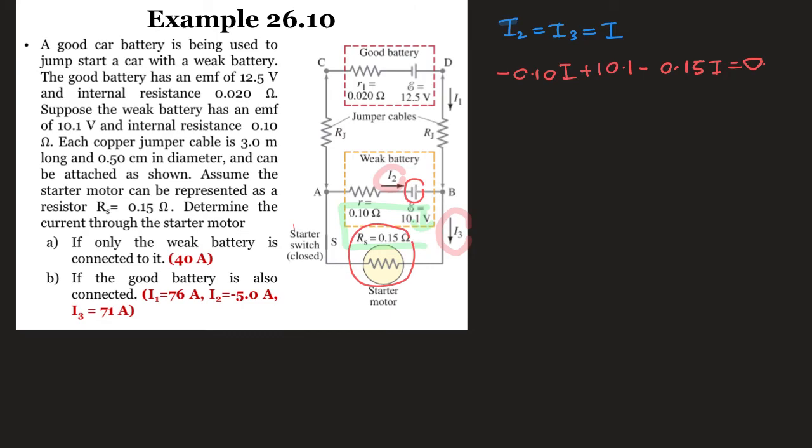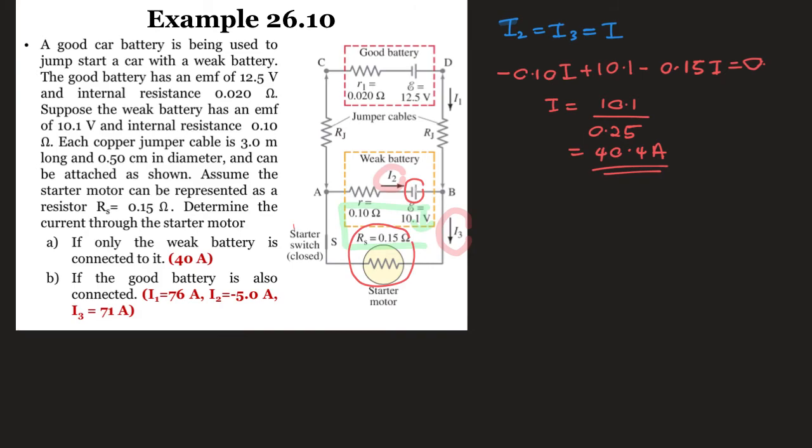Simplifying this equation, you get I equals 10.1 over 0.25. Your answer is 40.4 ampere. Done with question A.